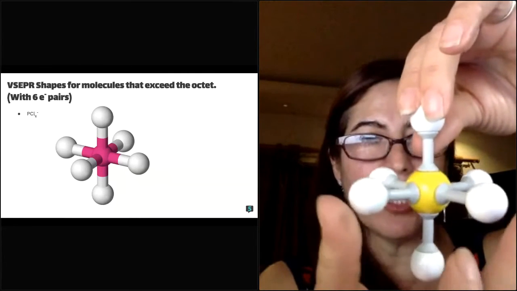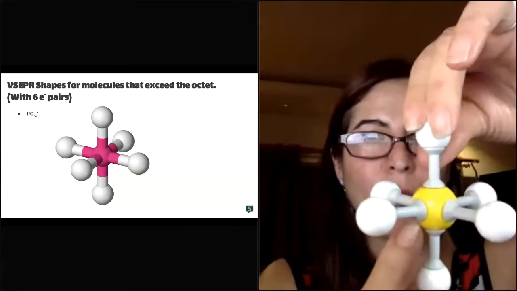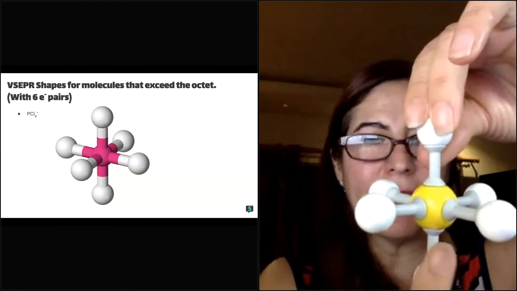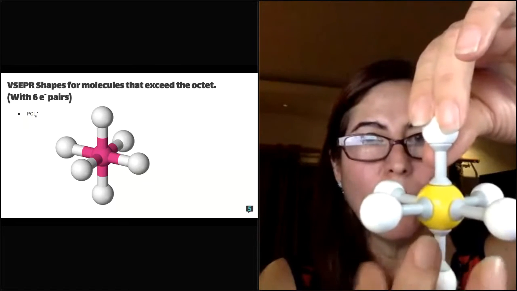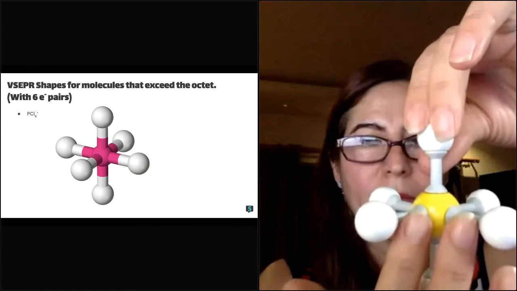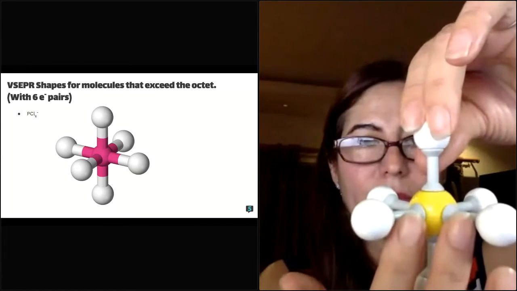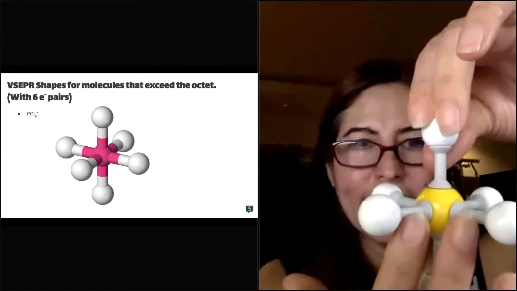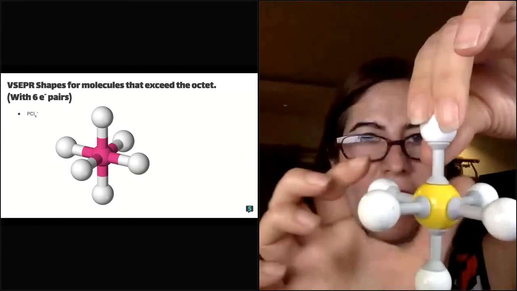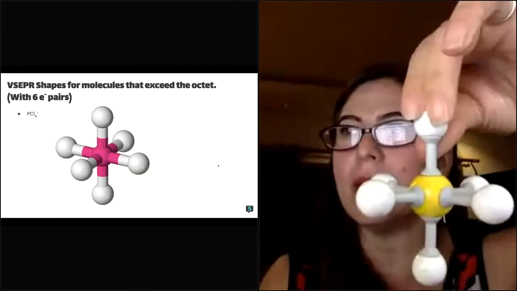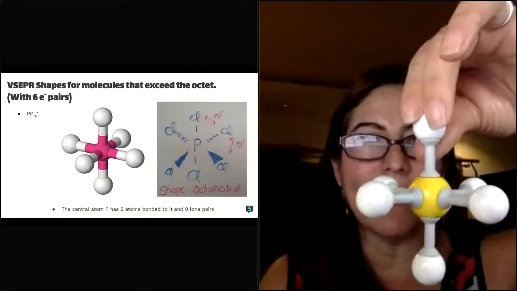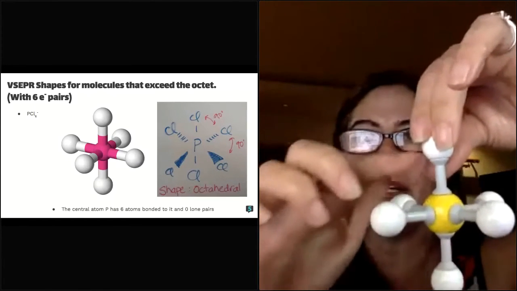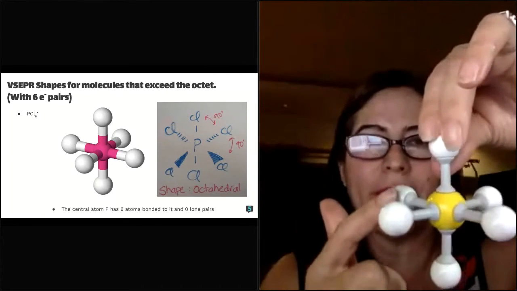If these are regular lines, what are these 2 going to be if they're moving towards the front of the plane? Great job, Irene. Yes, these are going to be wedges, and these ones on the back are going to be dotted lines. So this is the diagram right here. We have a 90-degree angle from here and a 90-degree angle from here as well.